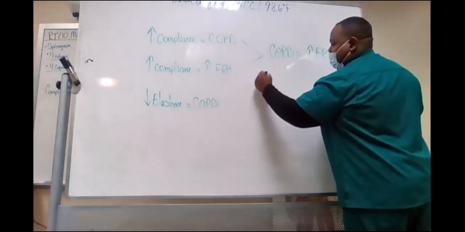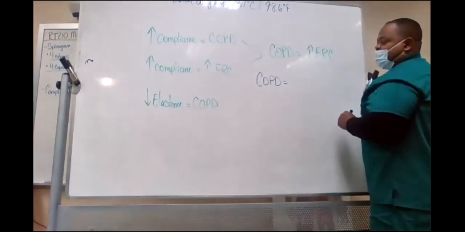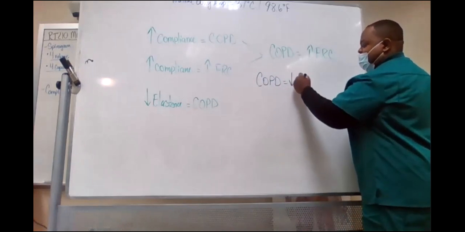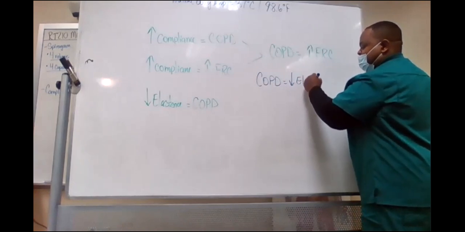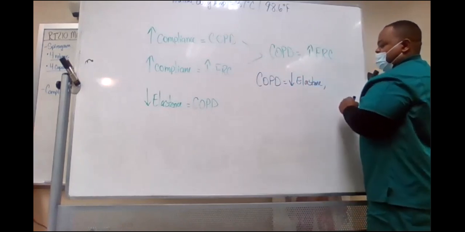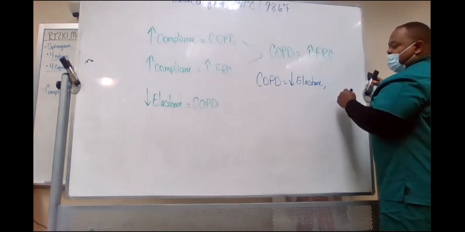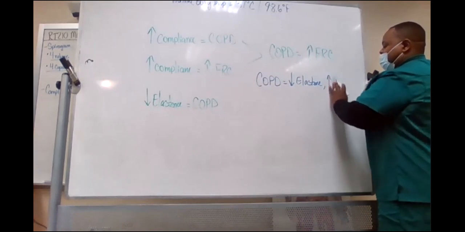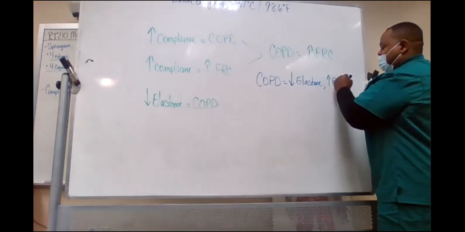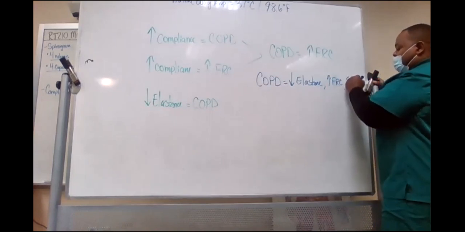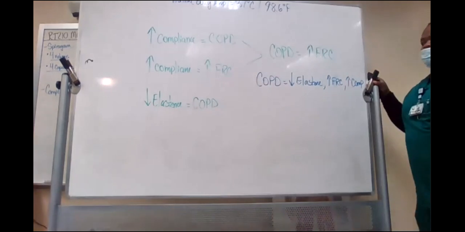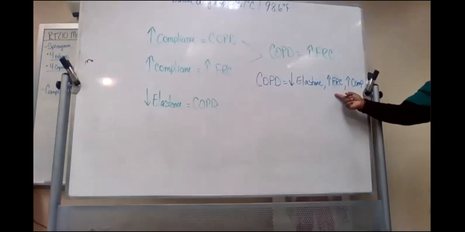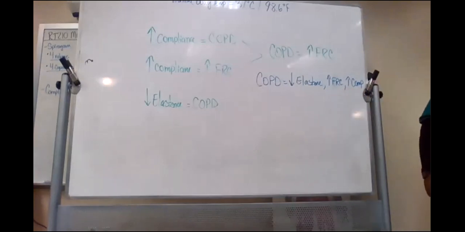COPD equals a decrease in elastance, an increase in FRC, and an increase in compliance. So a COPD patient will have a decreased elasticity, a high FRC and a high compliance.